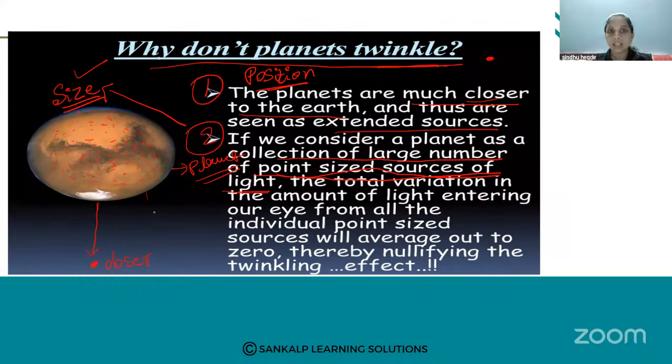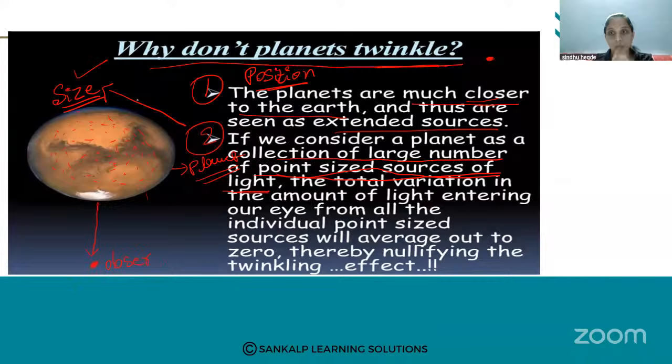That is the main reason why planets don't twinkle. So one is the position, it is much closer to the earth as compared to stars, and the second one is the size. The size of the planet is large as compared to stars, right?